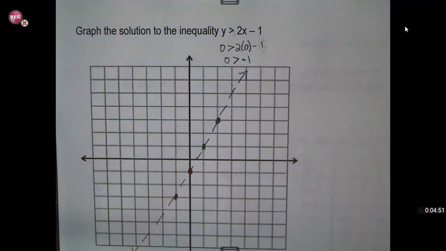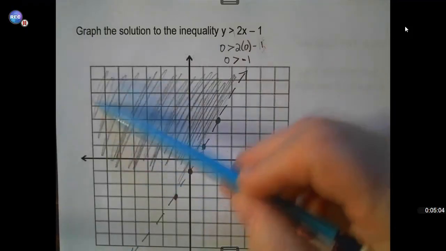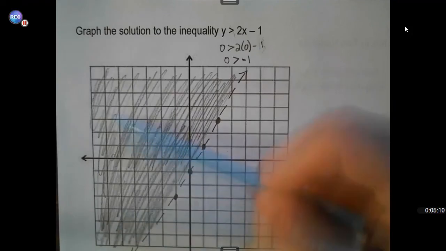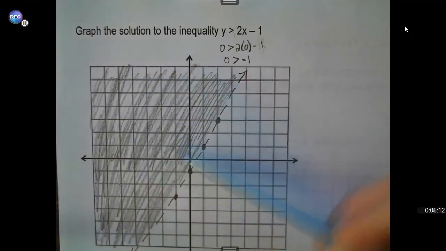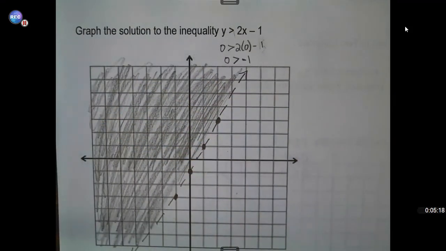So I want to shade the part of the graph that includes that origin, and that is above the line. So the answer to this one is strictly what's above the line, which is all of that. The line is not included in that solution, just what's above the line.